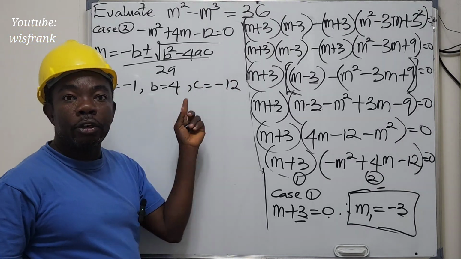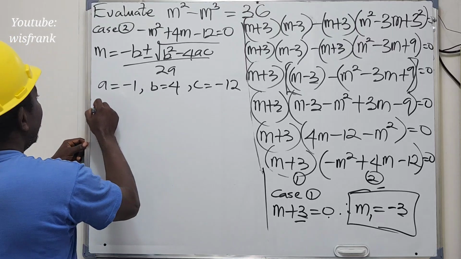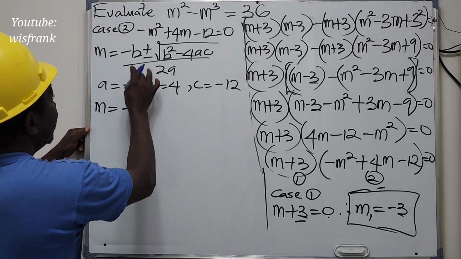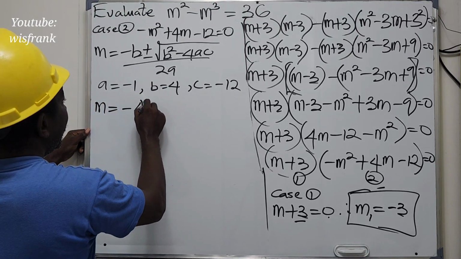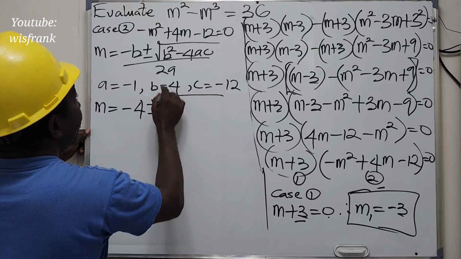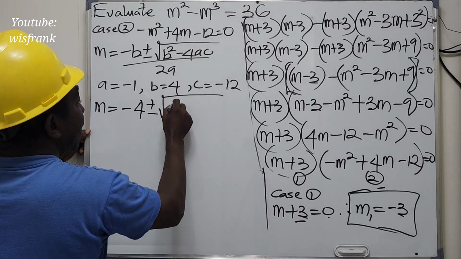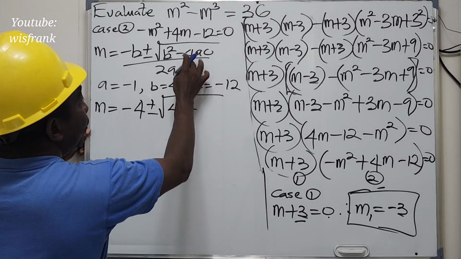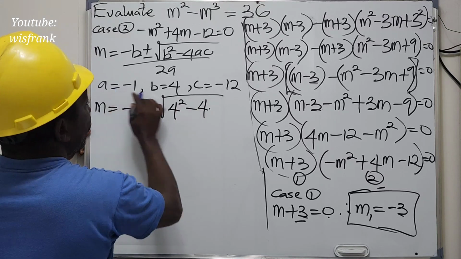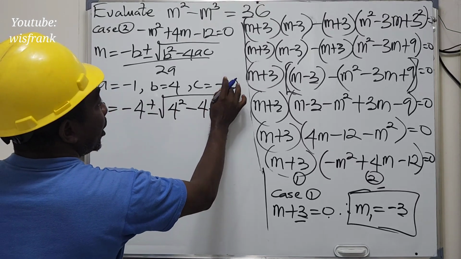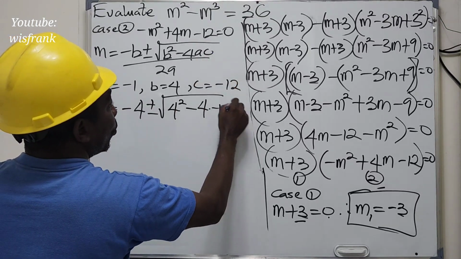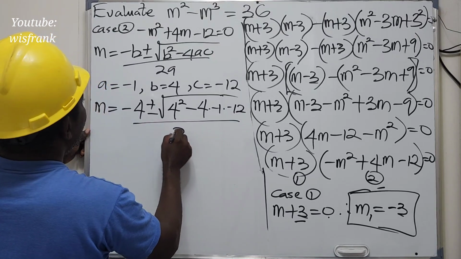Substituting these parameters into the quadratic formula, we have m as minus b, which is minus 4, plus or minus square root of b to the power of 2, which is 4 to the power of 2, minus 4 times a, which is minus 1, times c, which is minus 12, all over 2 times minus 1.